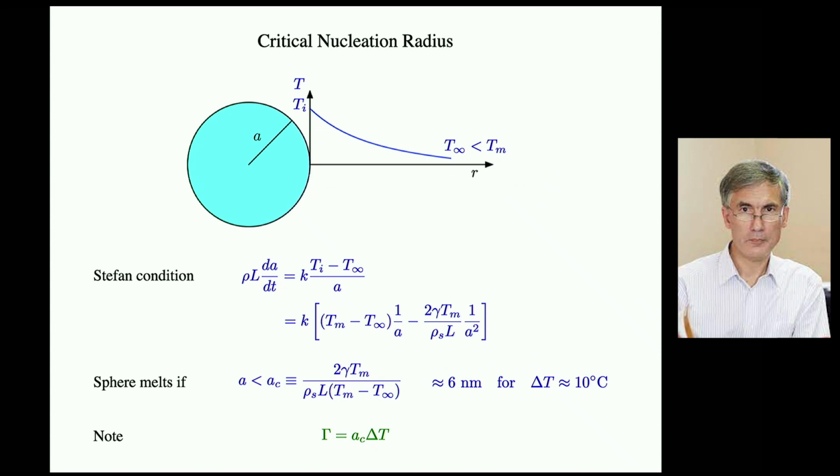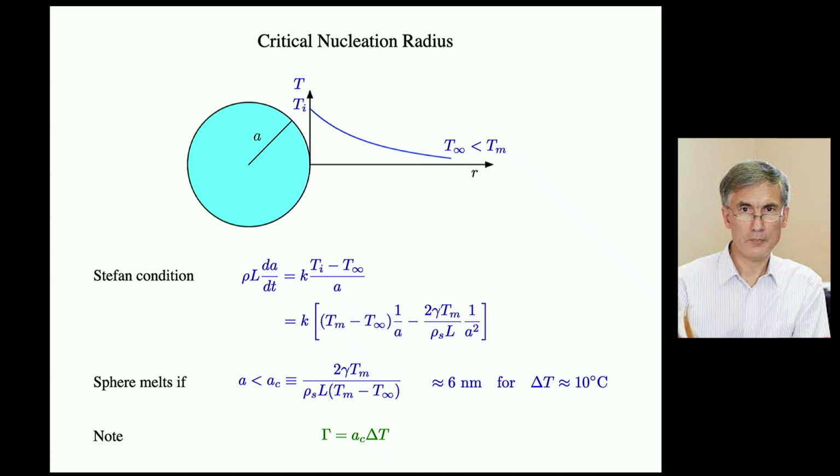Okay, so let's come back to our sphere and realize that I shouldn't have Tm here at the surface because this is curved and there's no kinetics in this calculation. So I'm still assuming equilibrium, but my equilibrium interface condition depends on the curvature of this sphere.